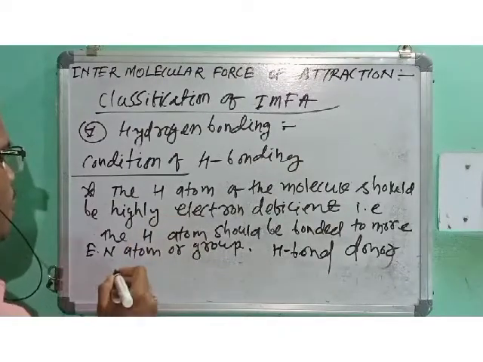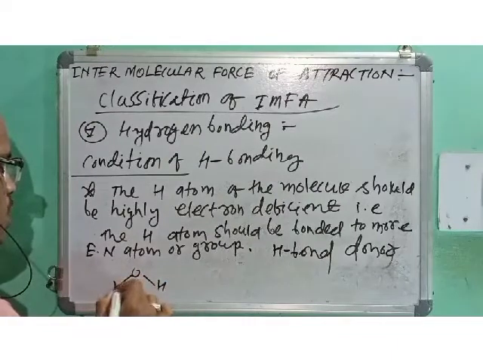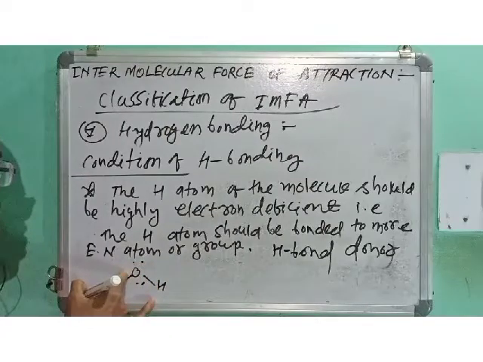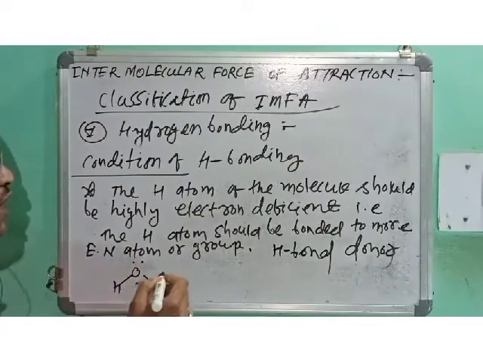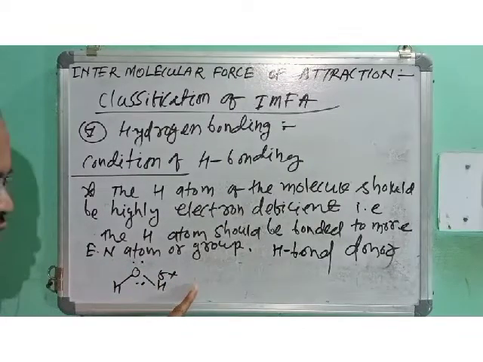An example, let's talk about water. Here, this hydrogen is able to participate in hydrogen bonding because this hydrogen is highly electron deficient, because it is bonded to more electronegative atom oxygen. Hence, it carries sufficient delta plus charge. Hence, this hydrogen is able to participate in hydrogen bonds.